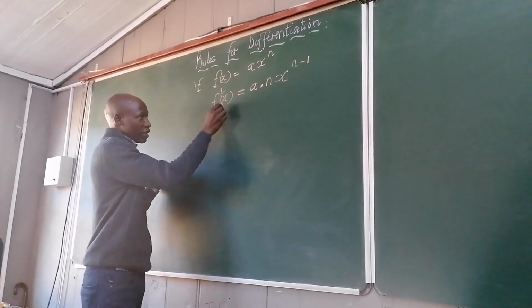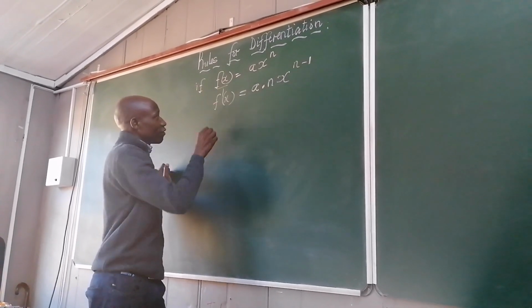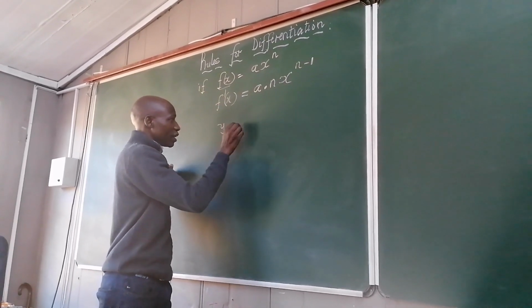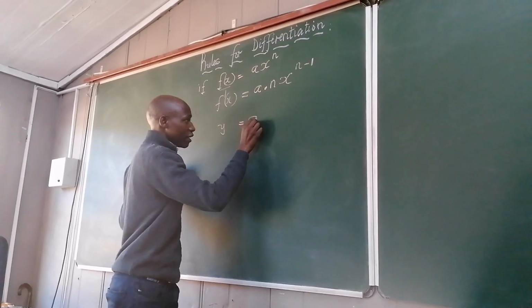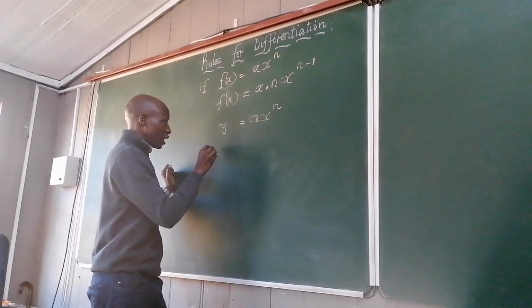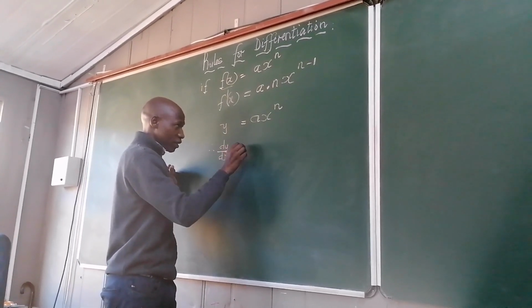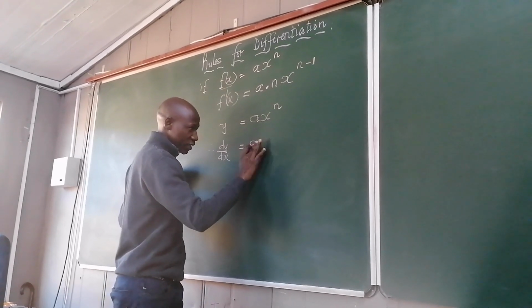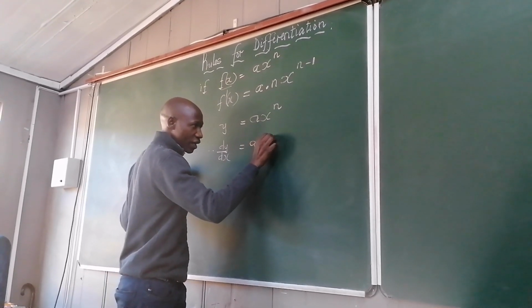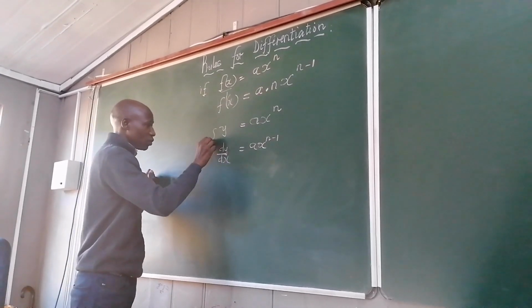Now this is just a basic notation. We can also represent the same f of x as y is equal to a x to the power n. Then we will say therefore dy over dx is equal to a n x to the power n minus 1. This is notation number 2.